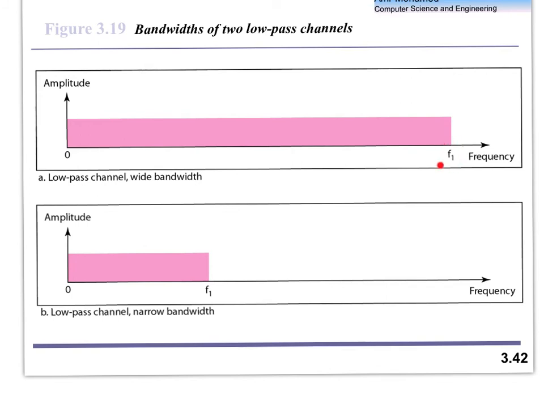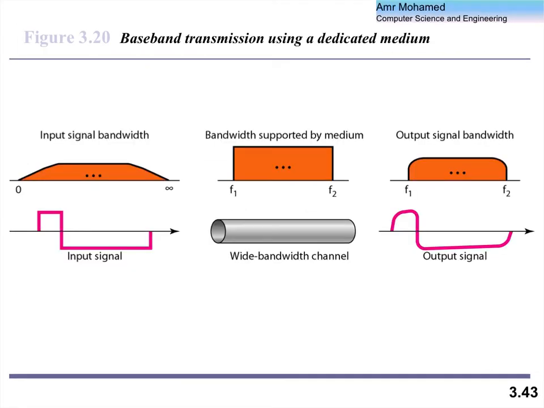The fact that this transmission medium has a higher maximum frequency F1 compared to the one at the bottom makes it more capable of transferring the digital signal accurately. The higher the maximum frequency supported by the medium, the more accurately it can support baseband transmission of digital signals.